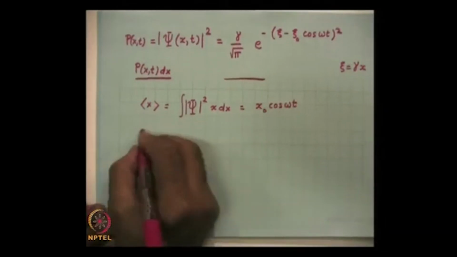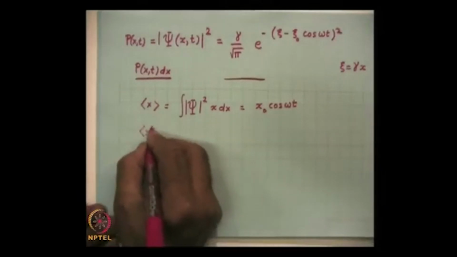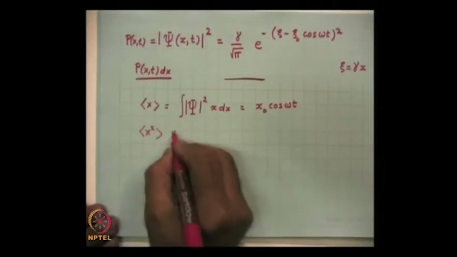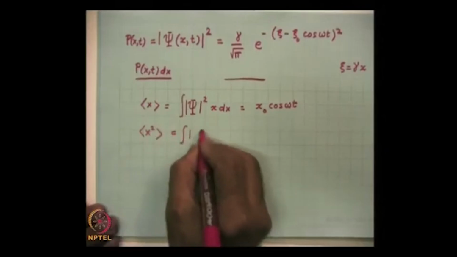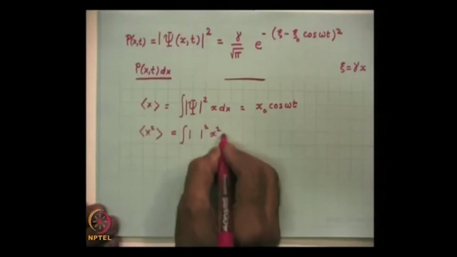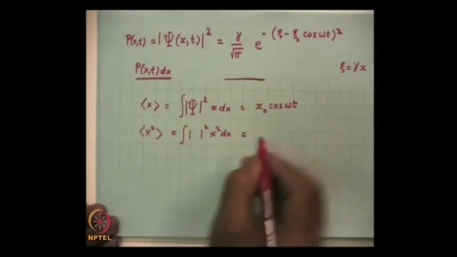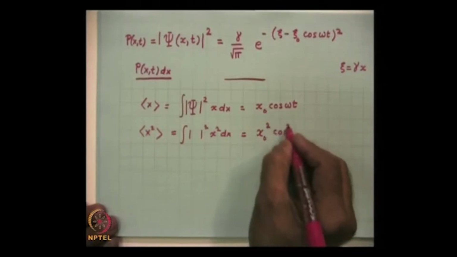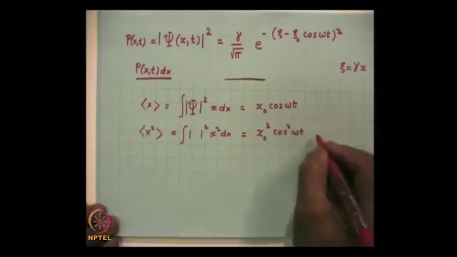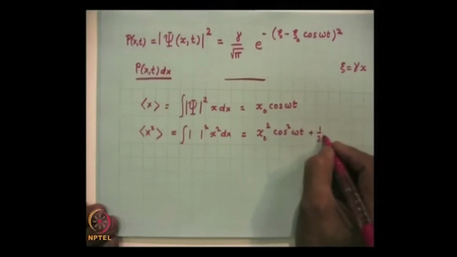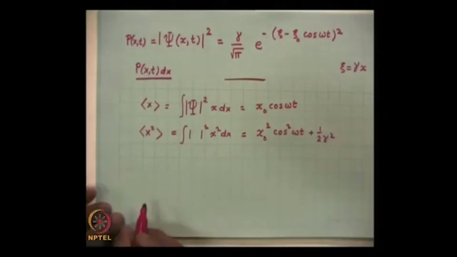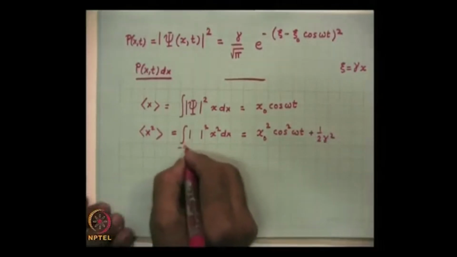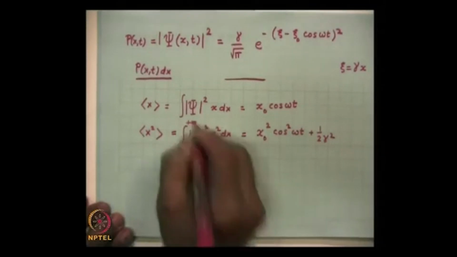And similarly, if you calculate x square, you will find that the integral of mod psi square x square dx is equal to x naught square cos square omega t plus 1 over 2 gamma square. I would request all of you to work out these integrals.